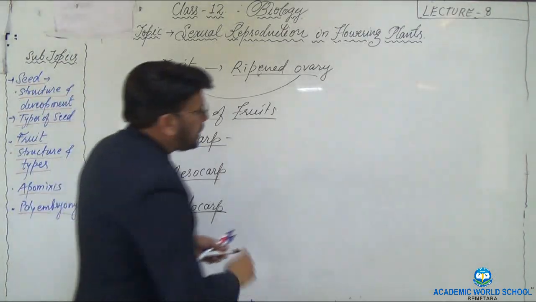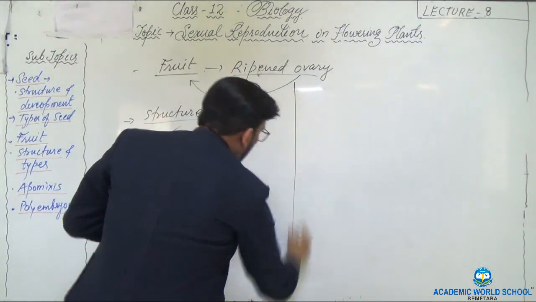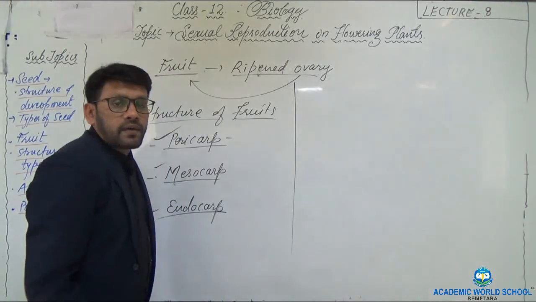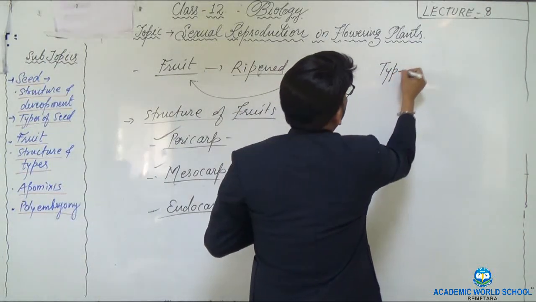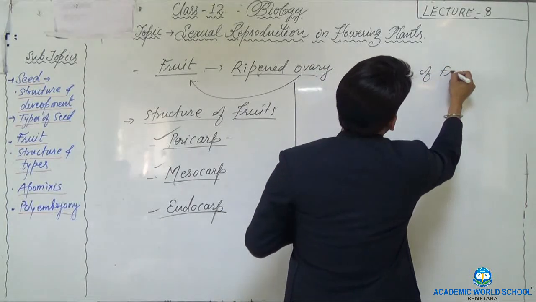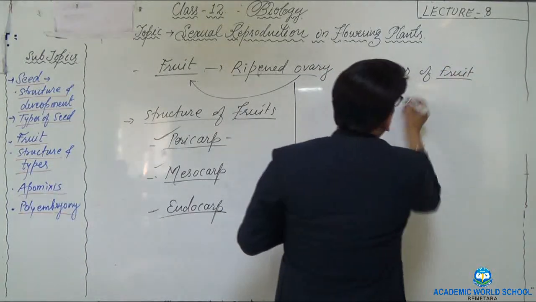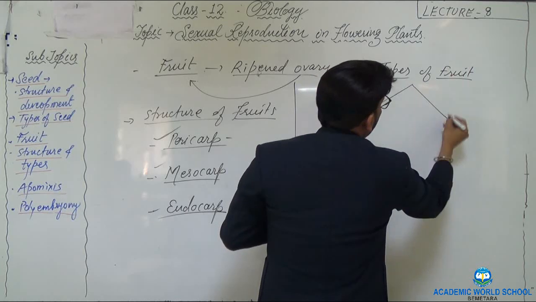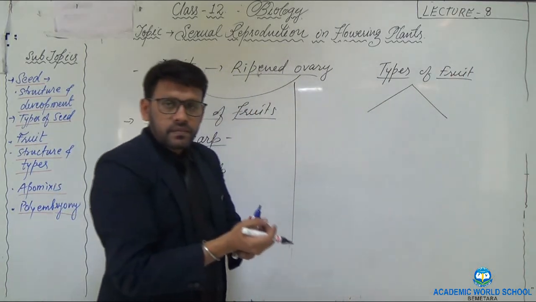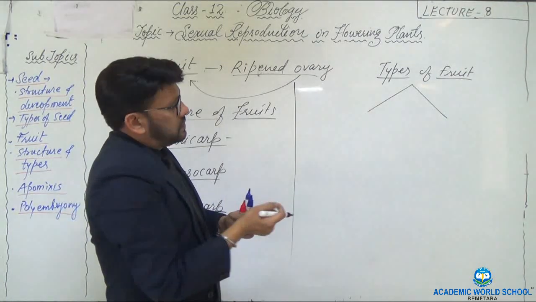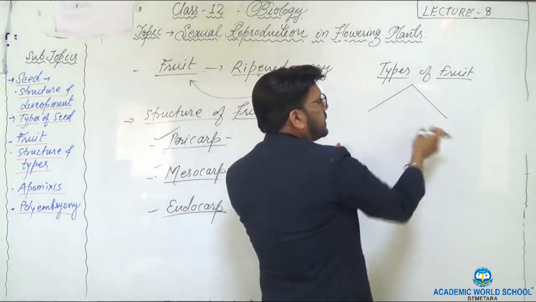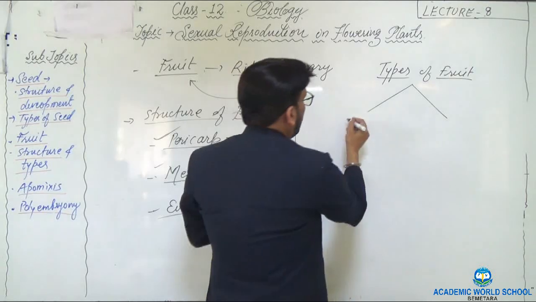Now we'll talk about the types of fruits. The fruits are of different types. Basically we divide fruit into two major categories.